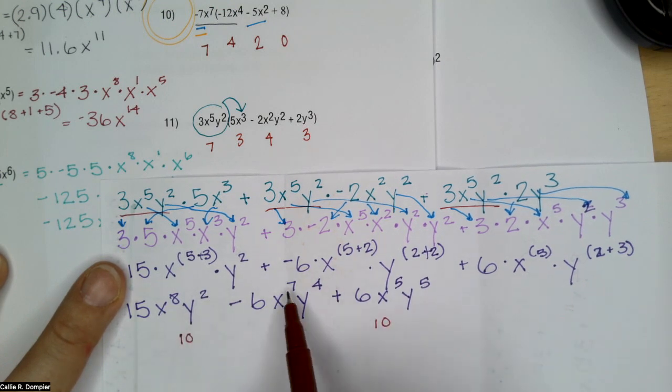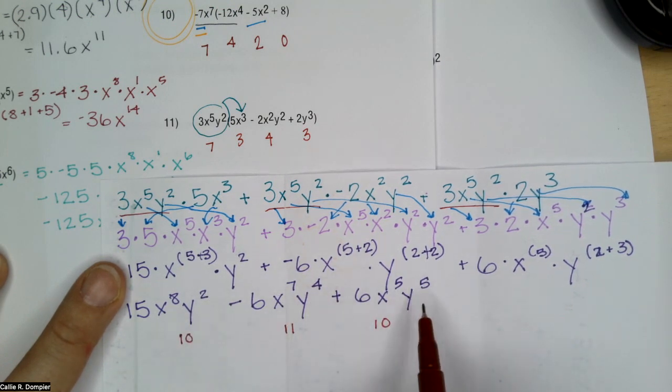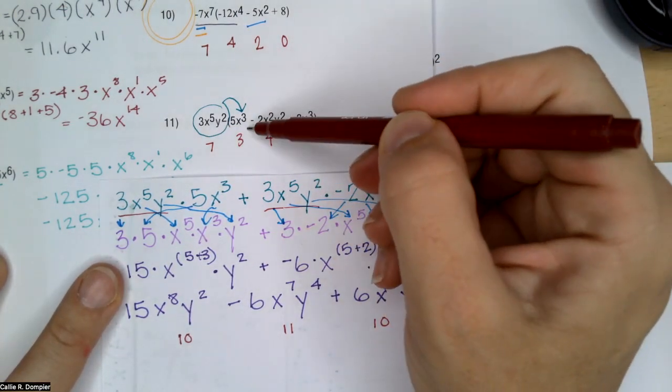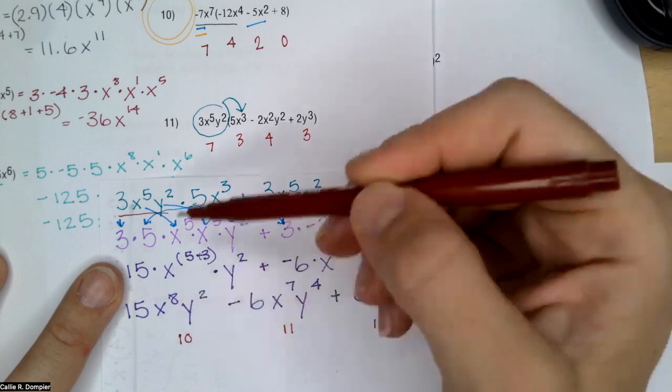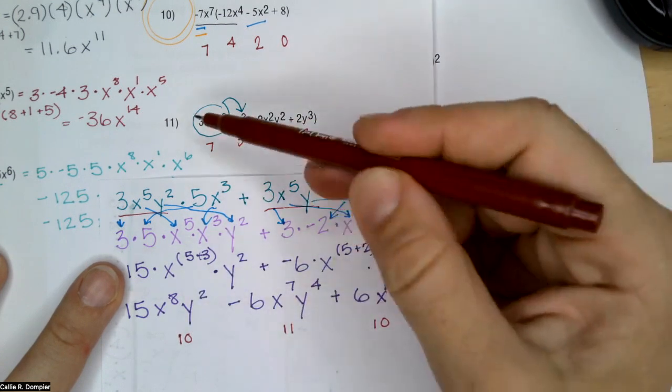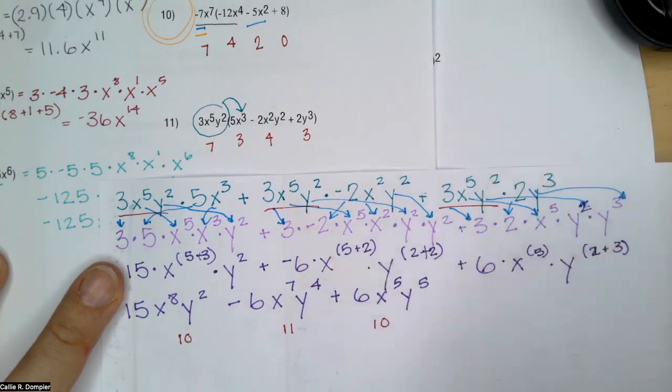So a degree of 7 and a degree of 3 becomes a degree of 10. A degree of 7 and a degree of 4 becomes a degree of 11. A degree of 7 and a degree of 3 becomes a degree of 10.